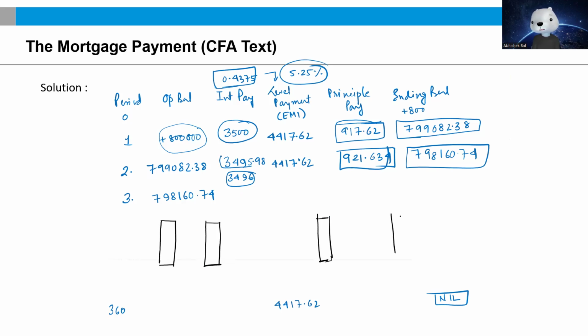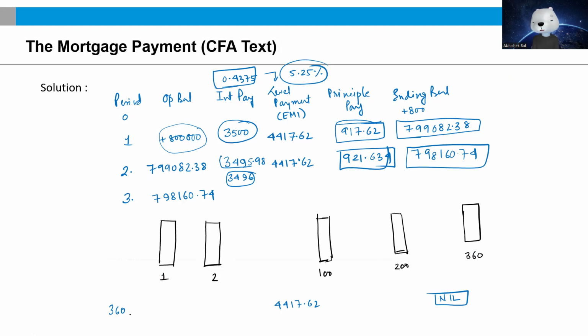This is, let's say, 200th level payment, EMI. And let's say this is the ultimate level paying period. So we've got the first period, we've got the second period, we've got the 100th period, we've got the 200th period, and this happens to be the 360th period.